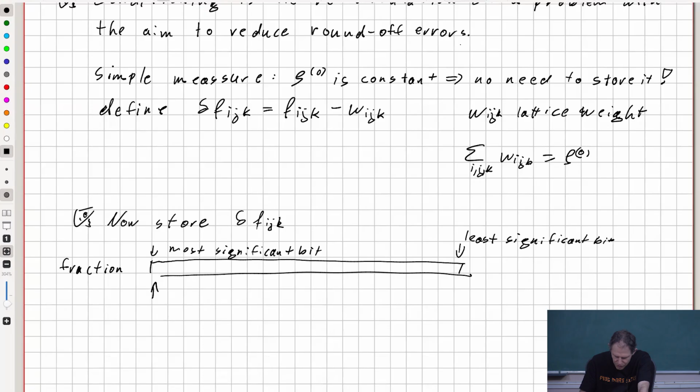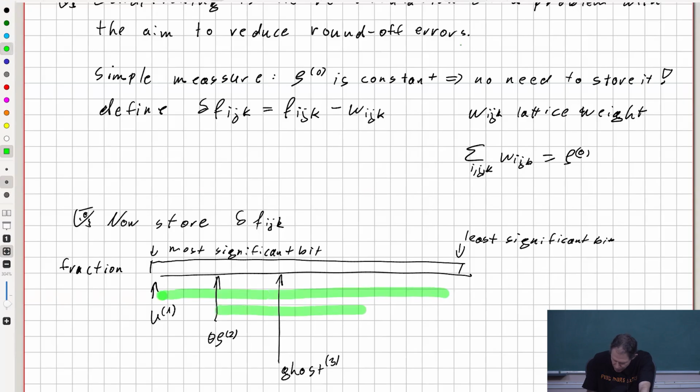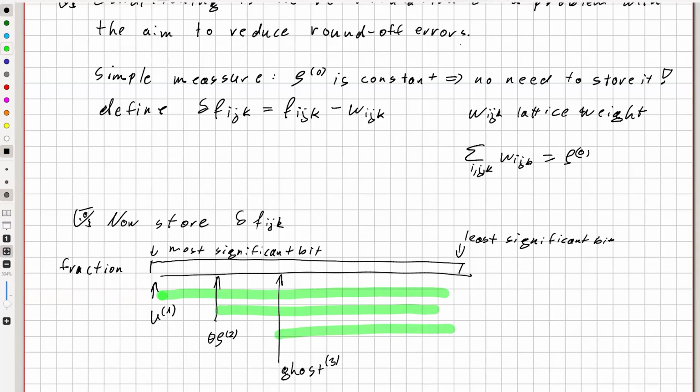So what you now store in the beginning is actually U1. Then on the next scale you have rho 2, and here you store the ghosts of third order, and here this is now the amount of memory available for each of this.